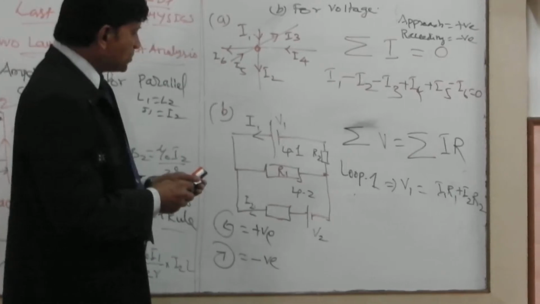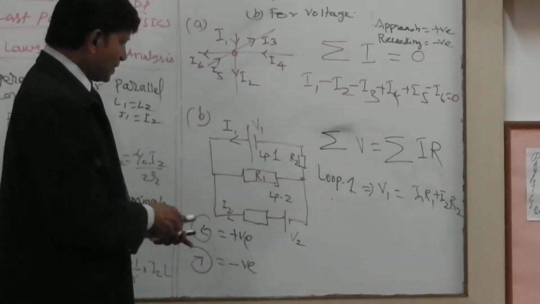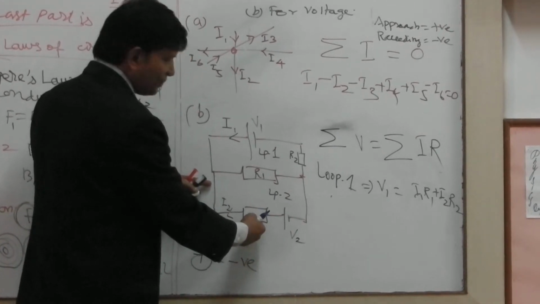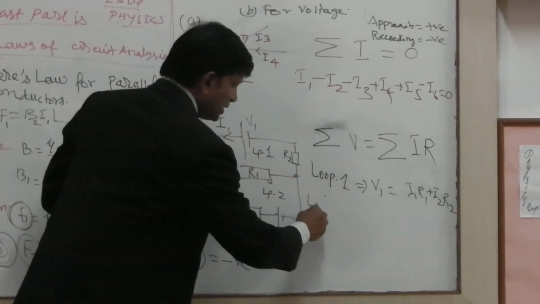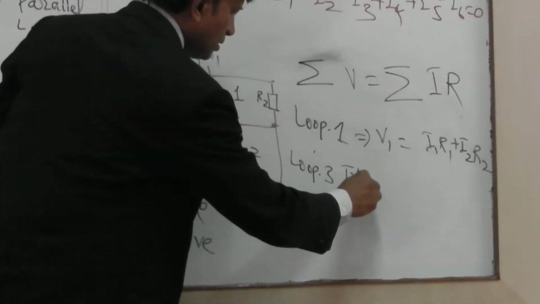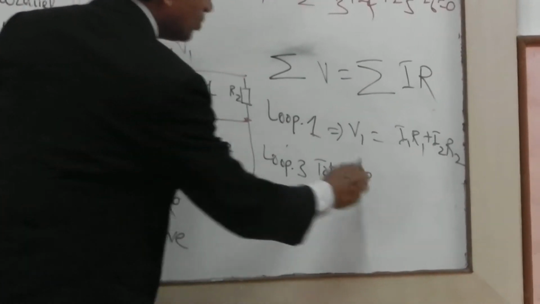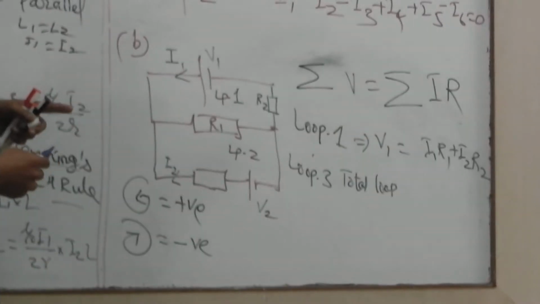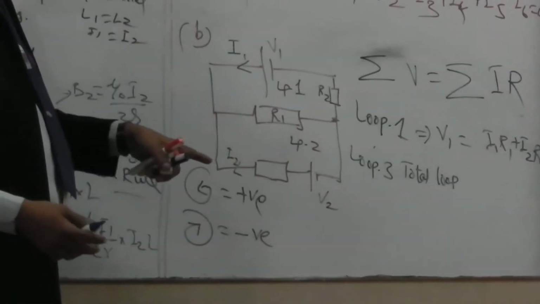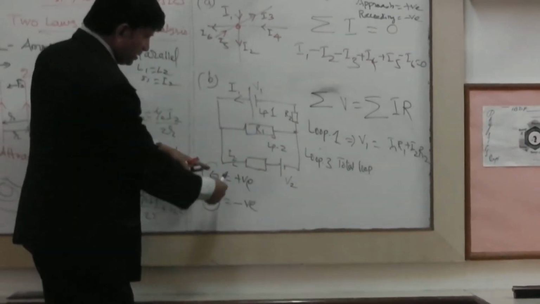Let me take loop 3. Loop 3 is the entire one. Loop 2 is this lower one, loop 1 is the upper one. Loop 3 is the total loop, meaning the big loop. When I take the total loop, you can form three equations for loop 1, loop 2, loop 3. Here I have taken this as positive.